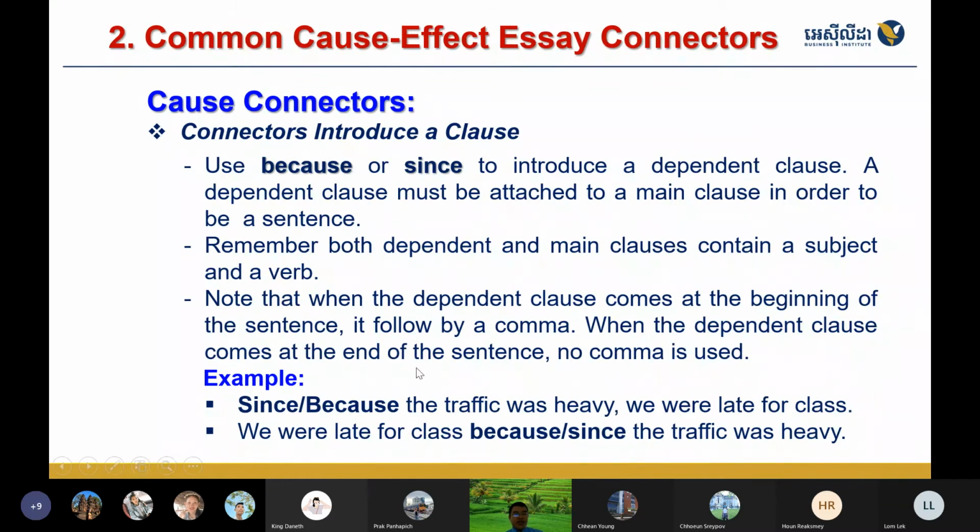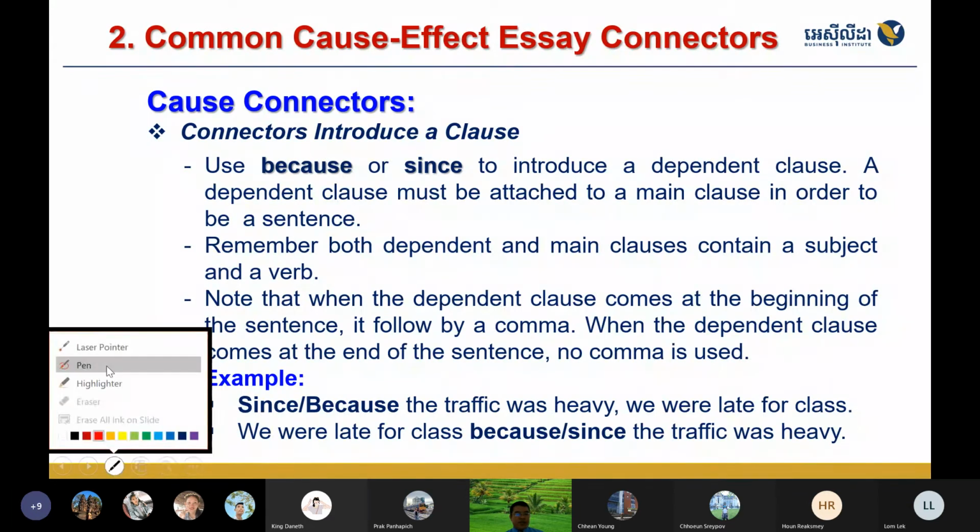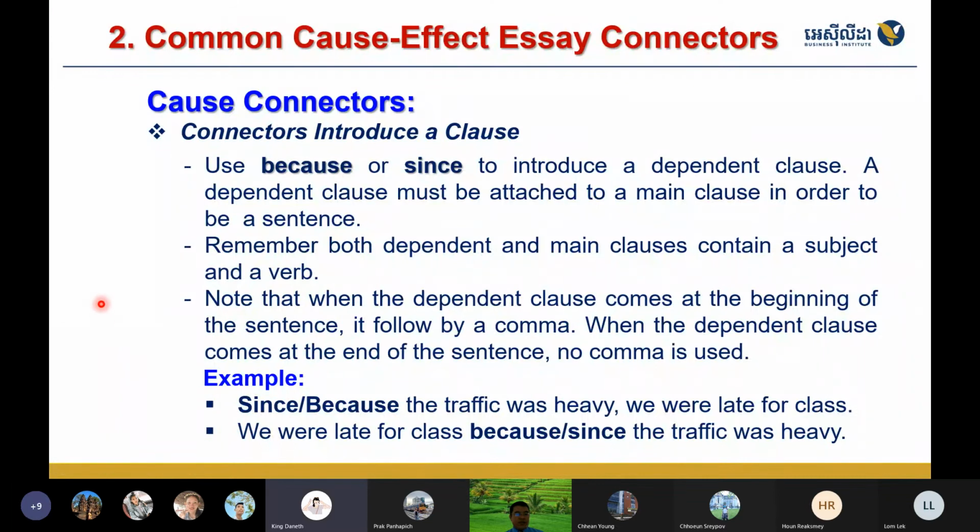Continue this one, please. Cause connectors introduce a clause. Use because or since to introduce a dependent clause. A dependent clause must be attached to a main clause in order to be a sentence. Remember, both dependent and main clauses contain a subject and a verb.